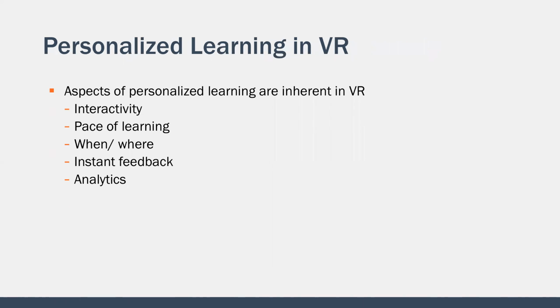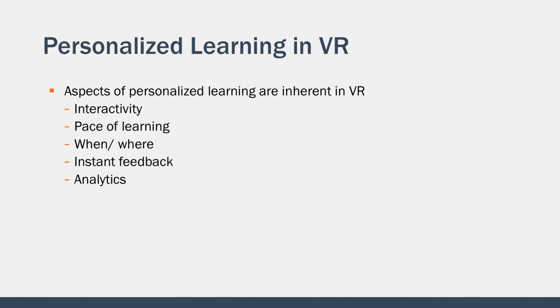So there are aspects of personalized learning that are inherent in VR. As I mentioned, the interactivity is probably the most important because users are actively engaged in the content. The pace of learning can also be adjusted. The way we incorporate that is through scaffolded learning, and I'll talk about that next. And users can interact with the content whenever and wherever they like, for desktop VR simulations at least.